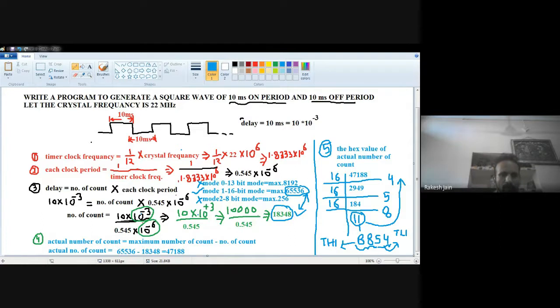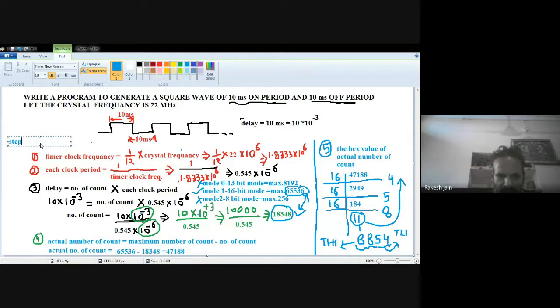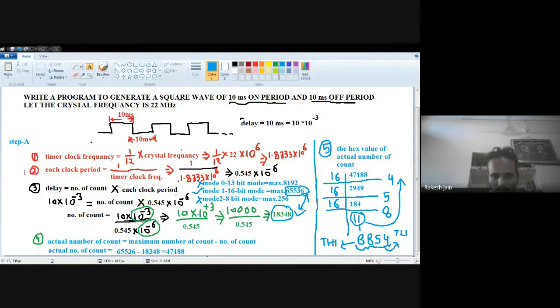Okay. Now I remove this and we are going to do the next step for that programming. So this is complete step number first, so I mention it as step A. So step A for any kind of programming in which delay time is given is just to complete these 5 steps so that you find out what value you should upload in a timer register. Okay.